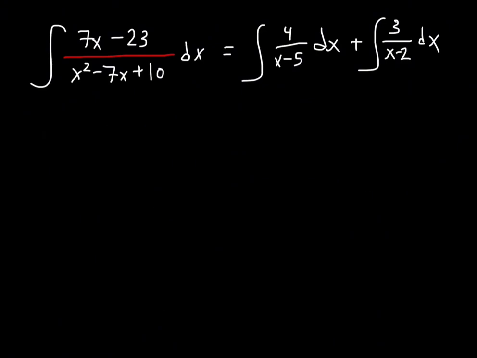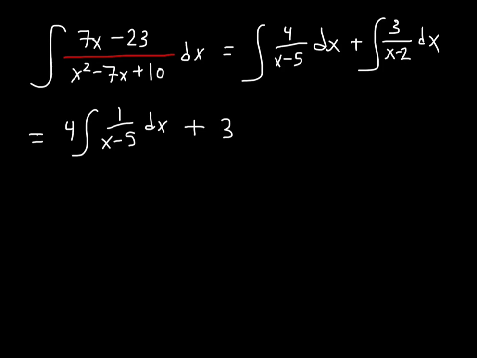Now that I have made them into simpler fractions, I'm just going to use the properties of integrals to make it simpler. So for this, I can bring the 4 to the front. So this will be 4 times the integral of 1 over (x - 5) dx, plus I'll bring down the 3 here as well.